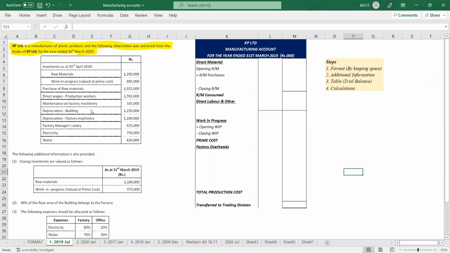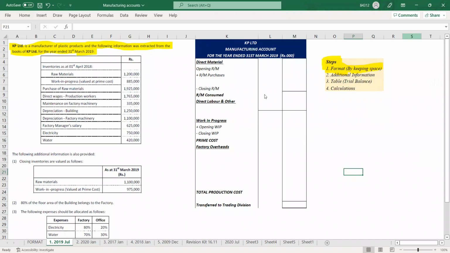Right. So if we are getting a question like this, there are steps. The first step is draw the format, right? Keep space and draw the complete format.